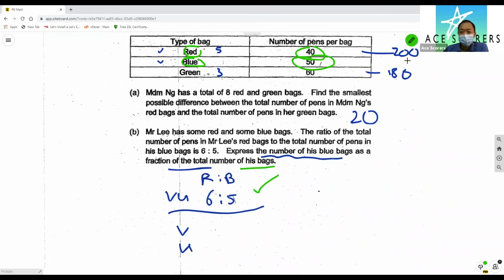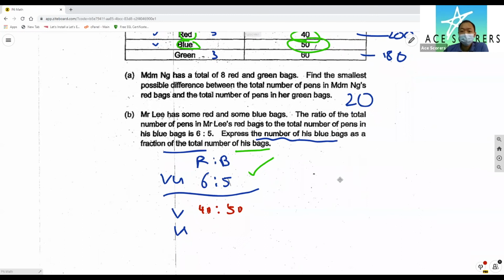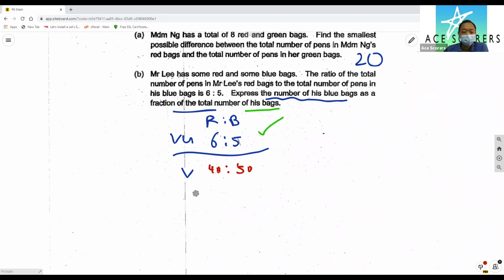Okay, what's the value? One more time. Now I use red so I can see better. Okay, red is 40. And blue is 50. So it's 4 is to 5. Just now I didn't use 4 is to 5.